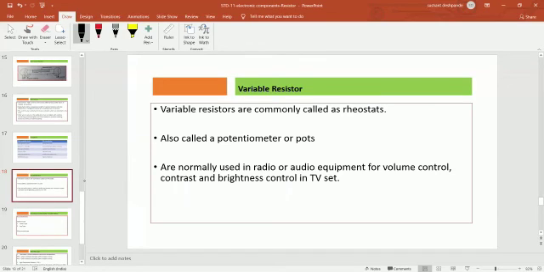You must have observed that in a radio, if you move the button, the amplification changes and the volume increases and decreases. To control the brightness, if you move that button, what will happen? Yes, the resistance gets changed. So variable resistance is required, and that is achieved by a potentiometer or pot, which is also called a rheostat.